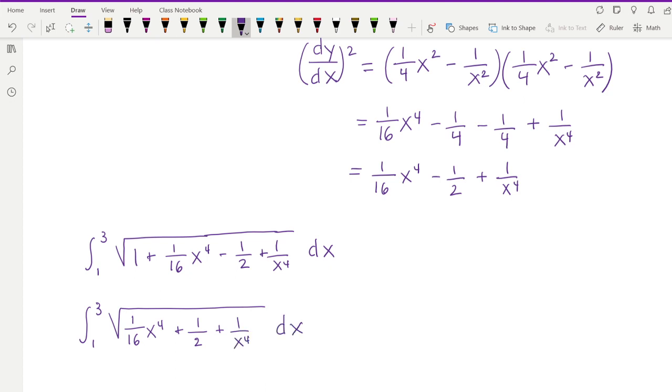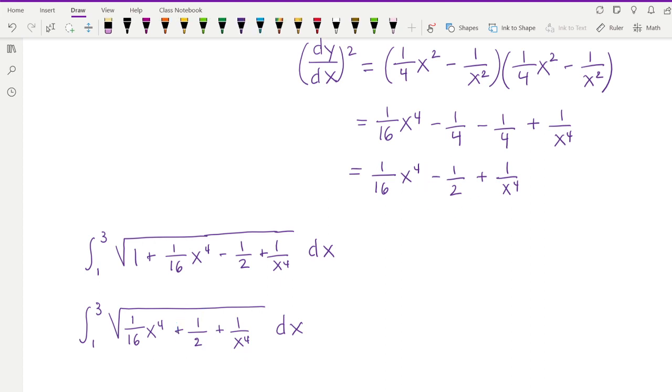Okay, so now comes kind of a tricky insight. So what you need to do now is recognize the fact that this new expression looks really, really similar to what we had before. What we had before looked exactly the same, except that we had a negative 1/2 instead of a positive 1/2.